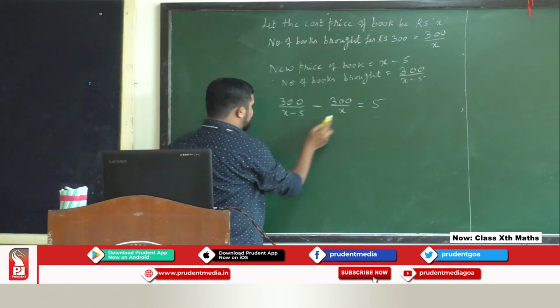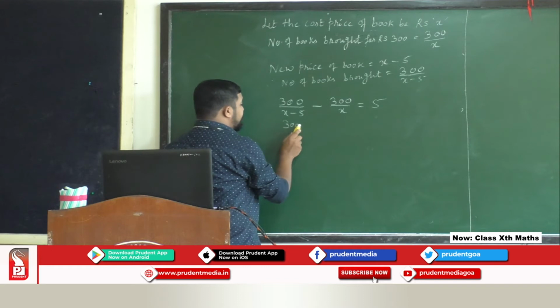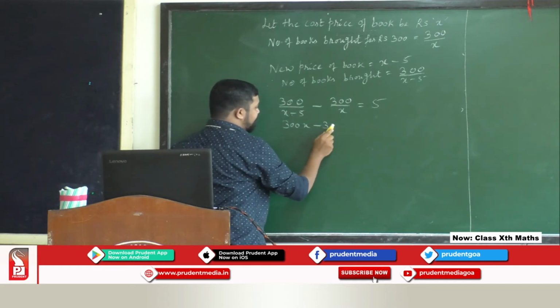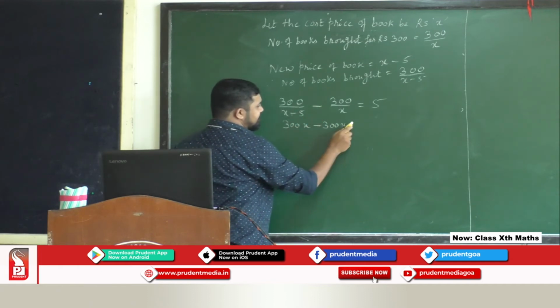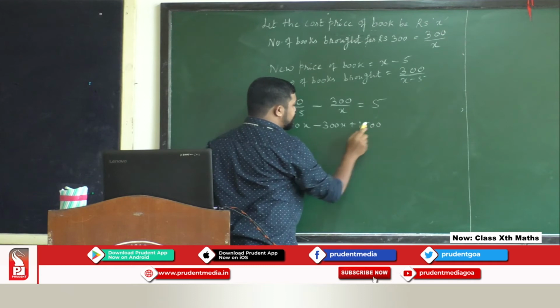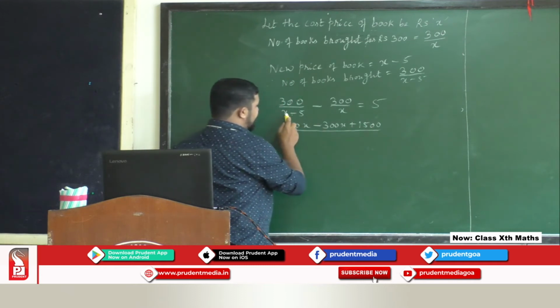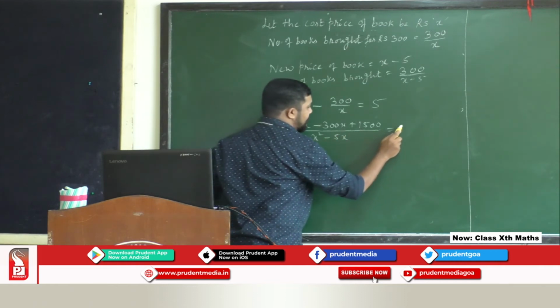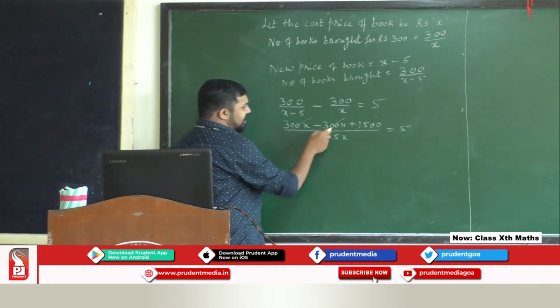Again, do the same way, cross multiplication. 300 into x, 300x minus 300x, minus into minus plus, 3 5s are 15, so 2 zeros. X into x, x square minus 5x. 300x, 300x cancel.